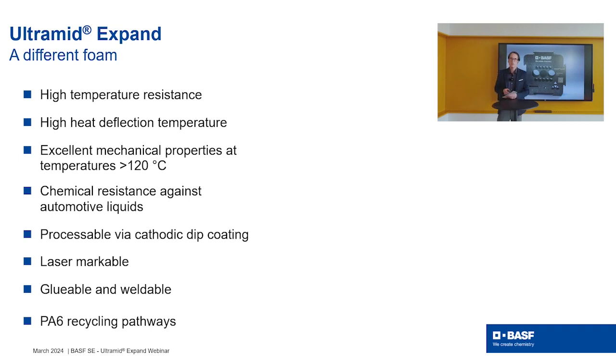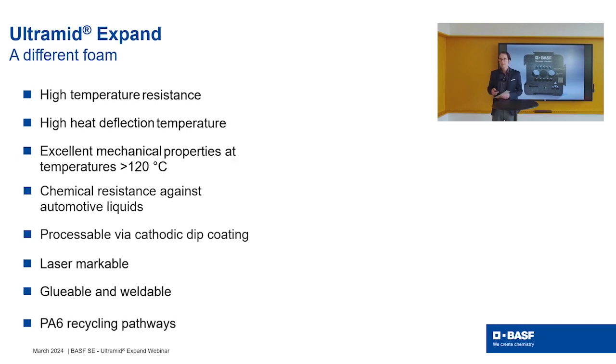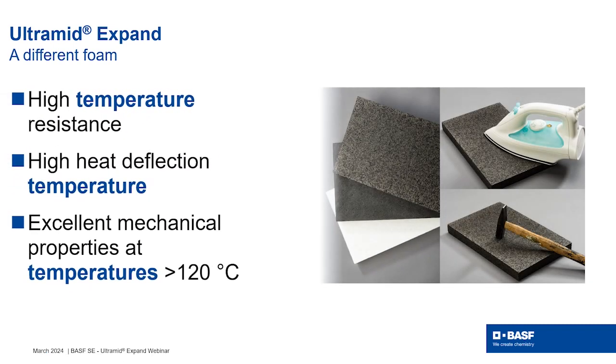Let's talk a little bit about the properties of Ultramid Expand. Ultramid Expand is a particle foam based on polyamide, and due to this fact we have a superior heat resistance. On this slide you can see a photo where we put an iron on top of the Ultramid Expand particle foam, and this demonstrates the high heat resistance which the material has.